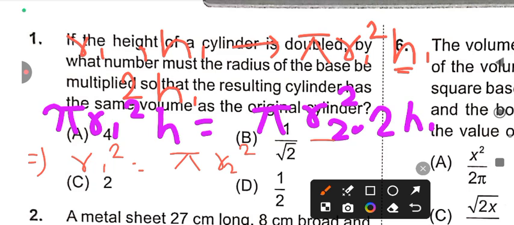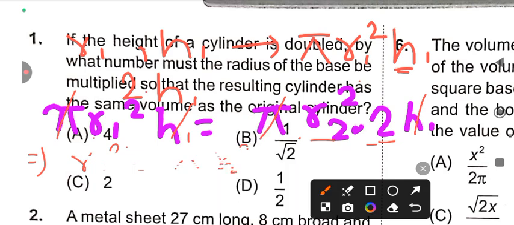Now from here, what we are going to do is cancel pi. H1 is cancelled by H1, so 2 is left, R2 square and R1 square is left.